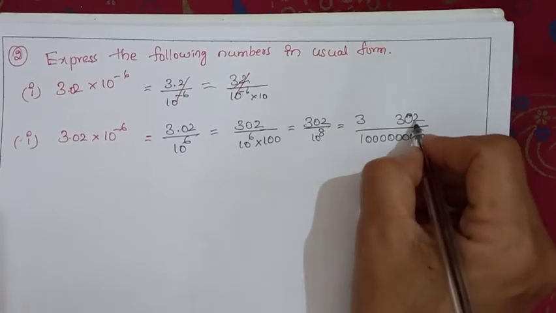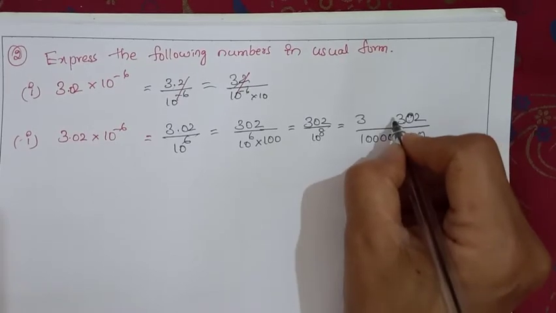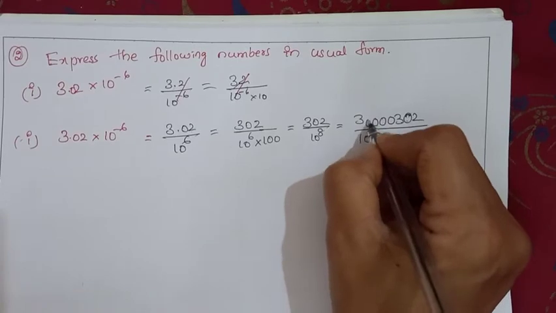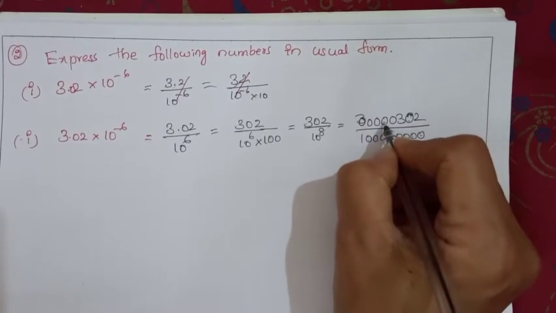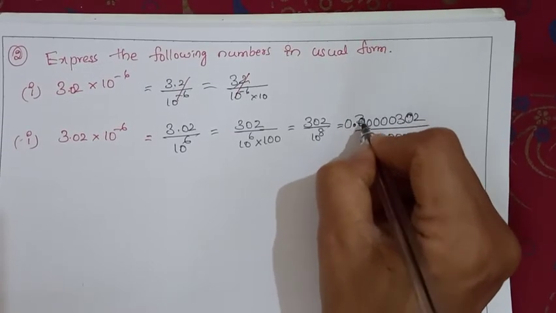How many digits we have here? 1, 2, 3. 3, no? So we need 5 zeros. 1, 2, 3, 4, 5. Now keep the decimal here.